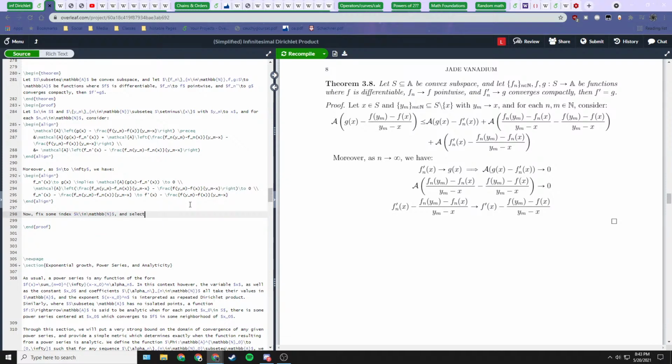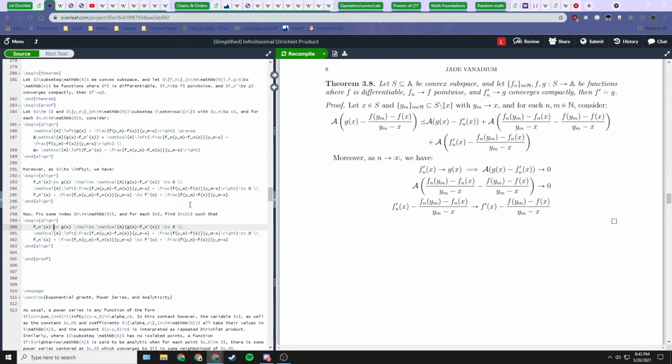And for each m, find n as a function of m, such that we have this whole thing.